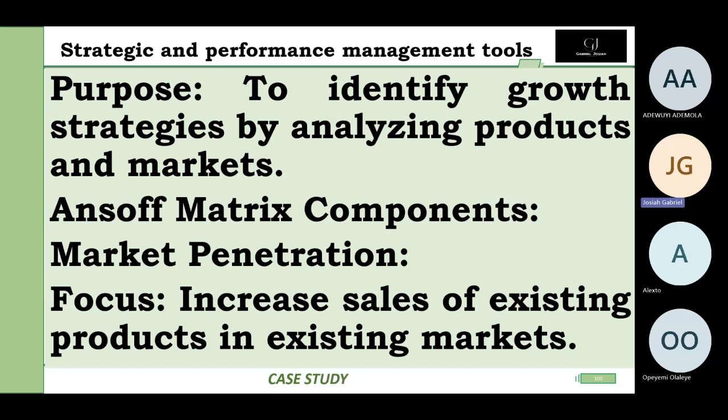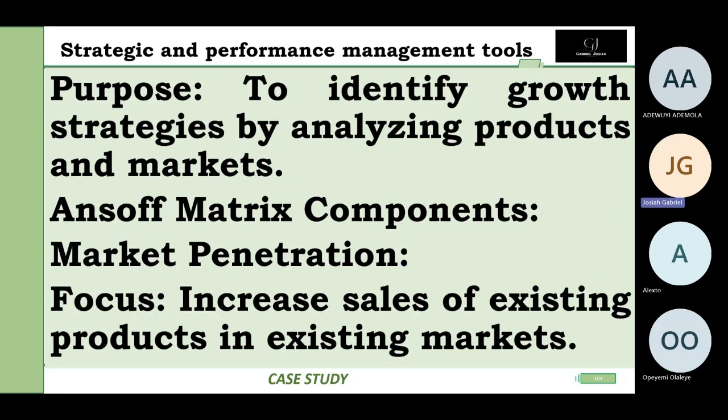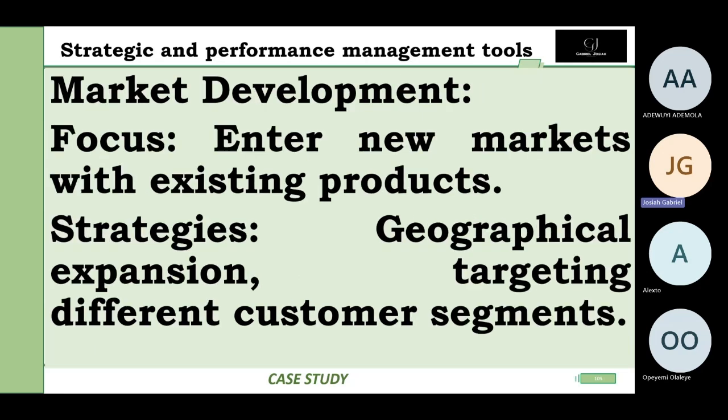That's the focus. The strategies include promos, loyalty programs, and competitive pricing. For example, a coffee shop offering discounts to regular customers is an example of market penetration. It's a promo discount.